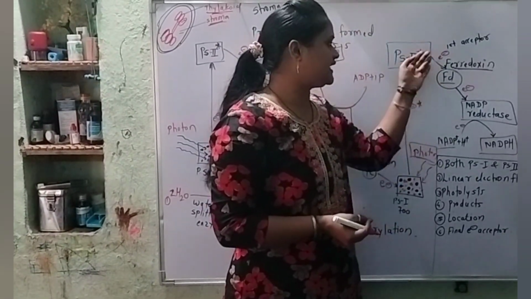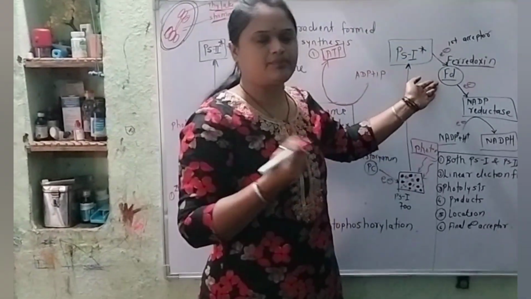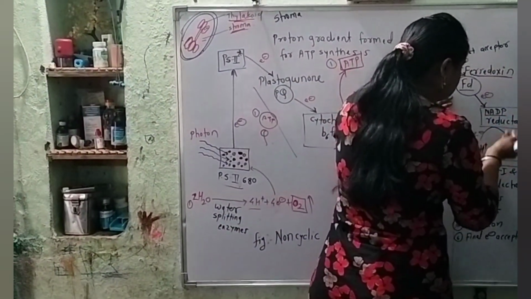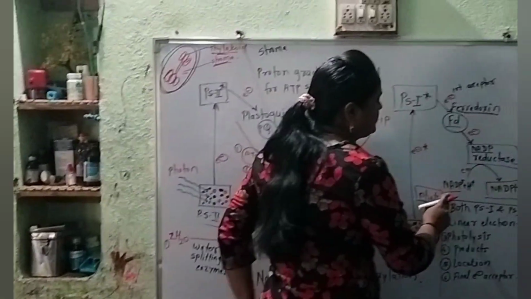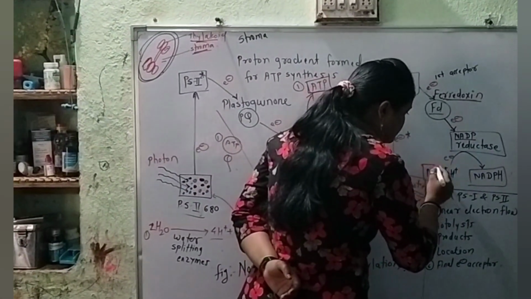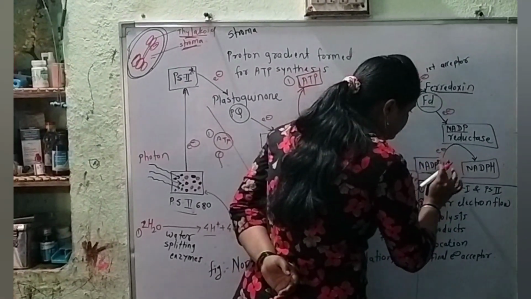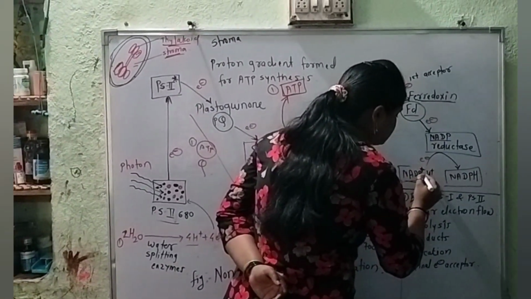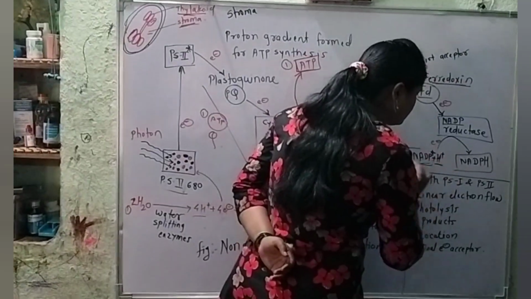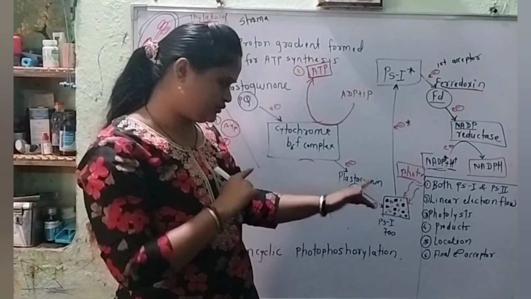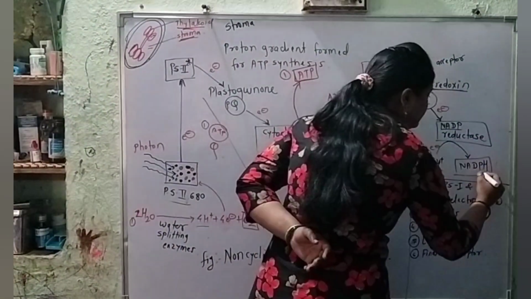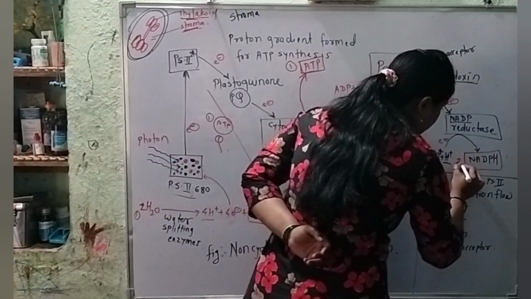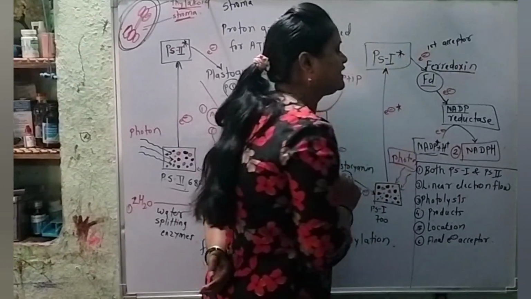Ferredoxin NADP reductase gives this electron to NADP positive. When NADP positive gets electrons, it binds with a proton, and there is formation of NADPH. This is the key product of this reaction.